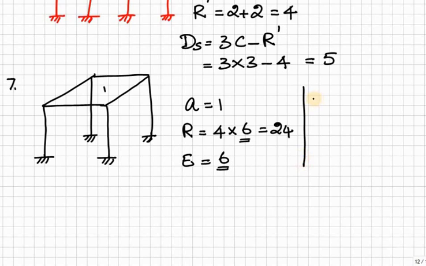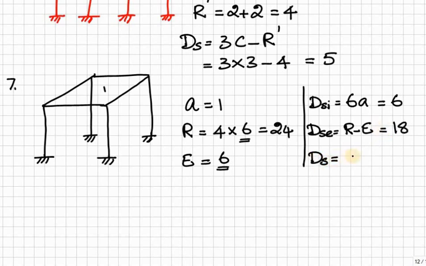So in method 1, dSi is equal to, here not 3a but 6a. 3a for 2D structure, 6a for 3D structure. So 6 into 1 is equal to 6 is the statical indeterminacy, internal indeterminacy. Now dSe is equal to R minus E, which is equal to 18. So total indeterminacy is equal to 24.